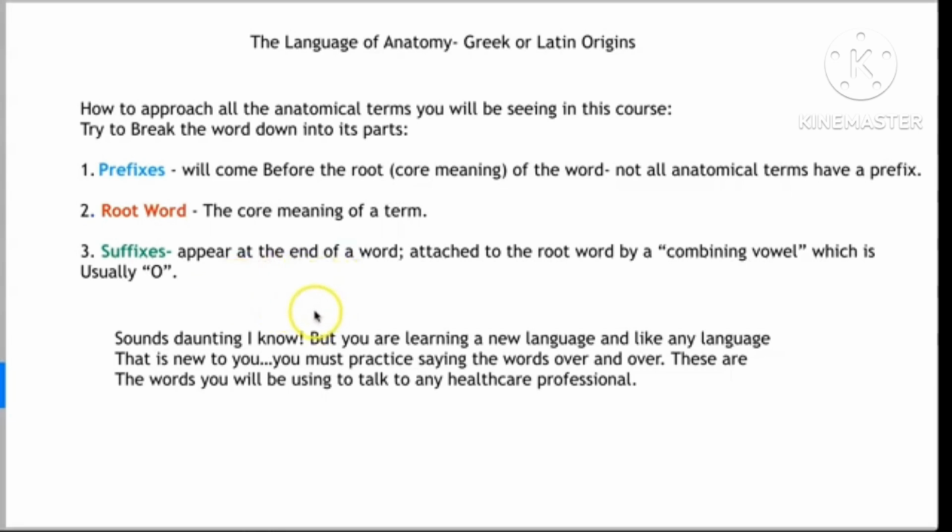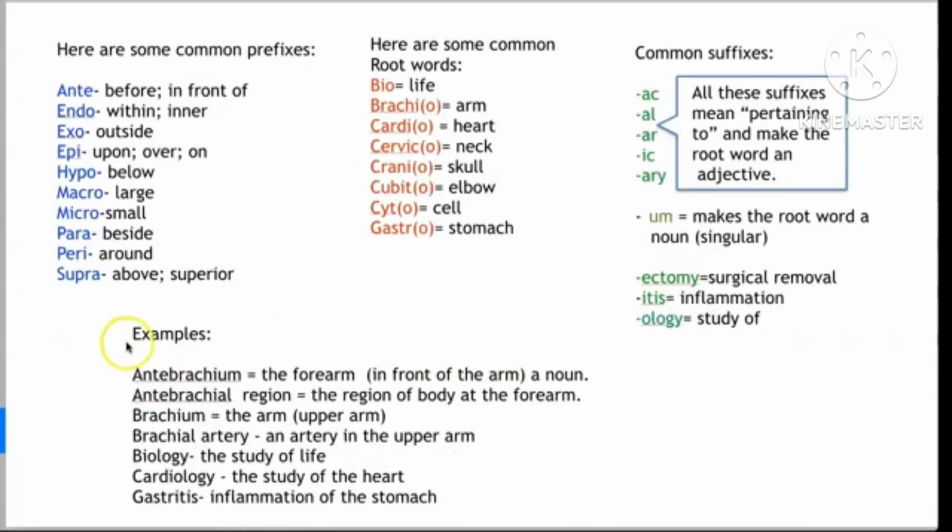This sounds daunting, but it's not. Let's have a look at some common prefixes. Now, these prefixes I'm just going to lay them out there for you. What most students do is write these down on an index card and memorize them.